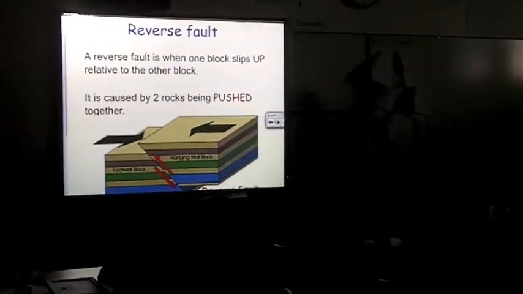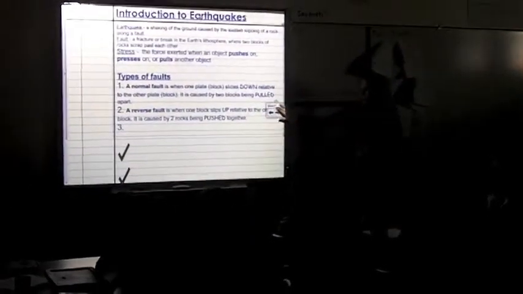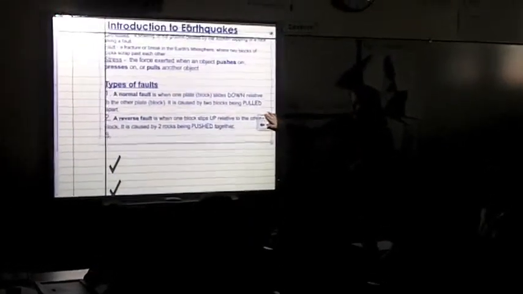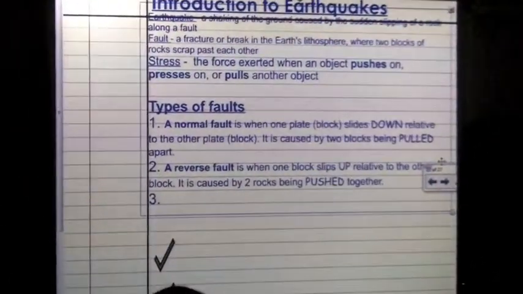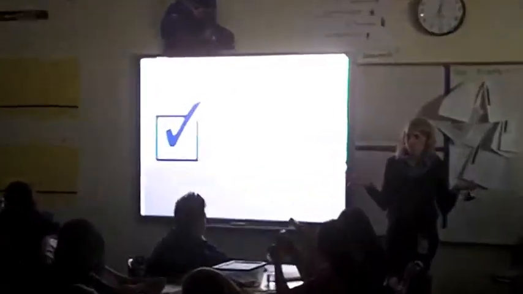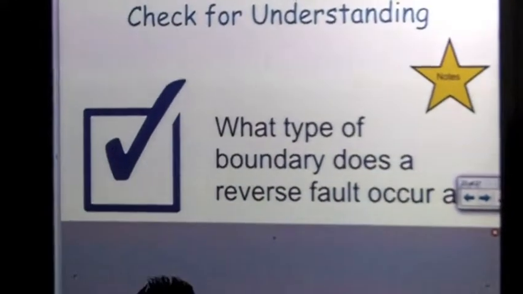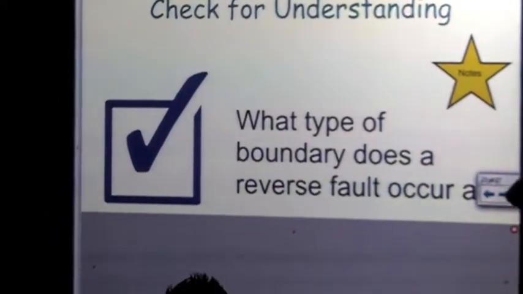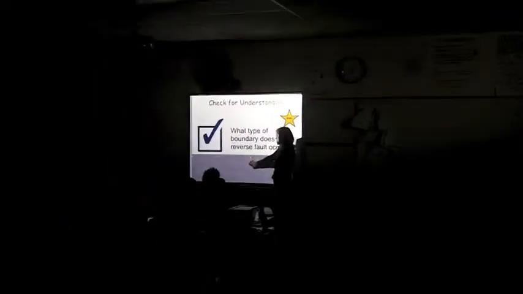They're squished together. A reverse fault. Oh, sorry. There we go. Sound familiar from? Want to try again, Devin? Okay. Convergent. Convergent, right? Because they're coming together and then one's being pushed upwards. Right. Excellent.